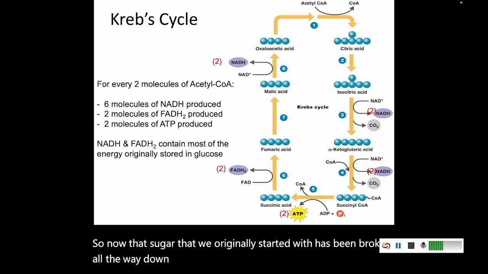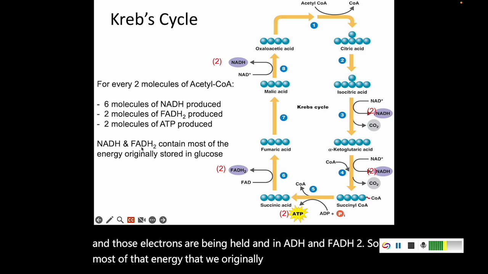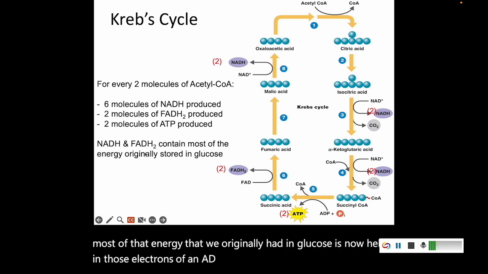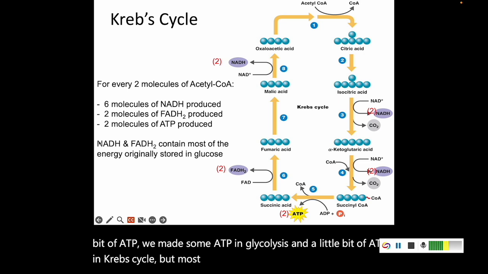So now, that sugar that we originally started with has been broken all the way down to carbon dioxide. We took electrons out of it, and those electrons are being held in NADH and FADH2. So most of that energy that we originally had in glucose is now held in those electrons of NADH and FADH2. We've made a little bit of ATP. We made some ATP in glycolysis and a little bit of ATP in Krebs cycle. But most of that energy now is in NADH and FADH2.